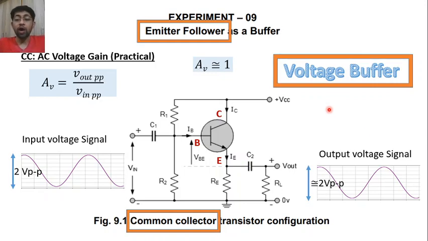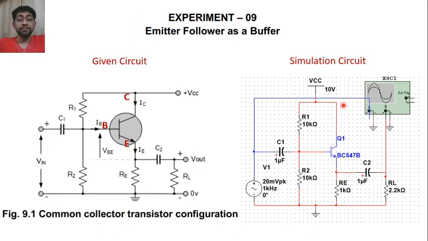So since output voltage is same as input voltage in this CC configuration, another name is the voltage buffer, or simply buffer. Actually it is voltage buffer. So let us move ahead.